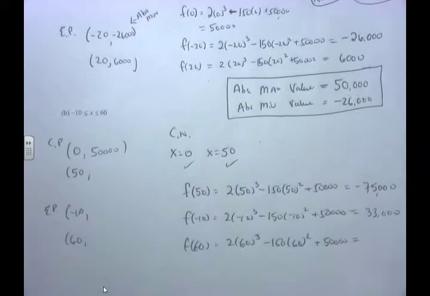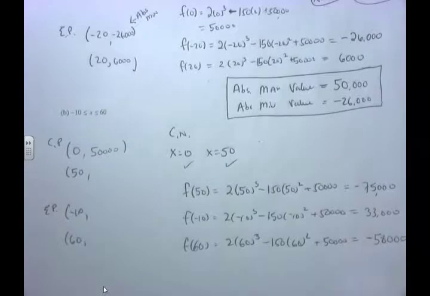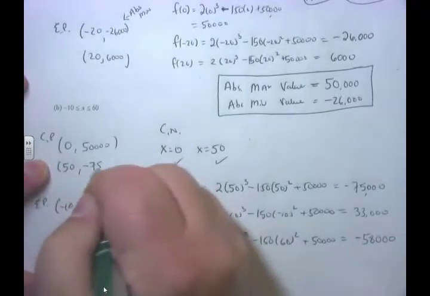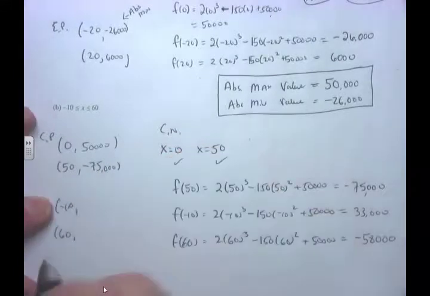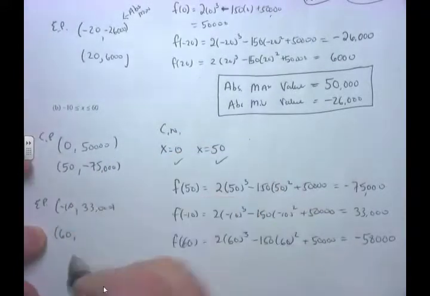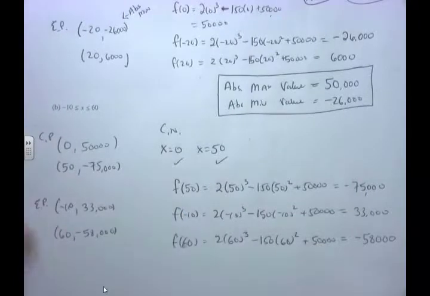And when I plug in 60, I got negative 58,000. Double check me, but you're right. This is all calculator work. So when I plugged in 50, I get negative 75,000. When I plug in negative 10, I got 33,000. When I plug in 60, I get negative 58,000.